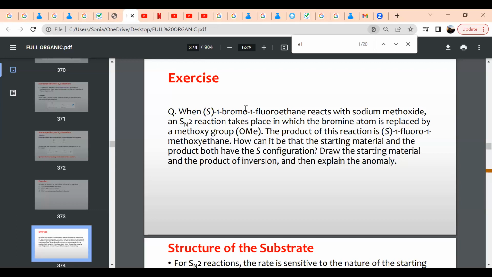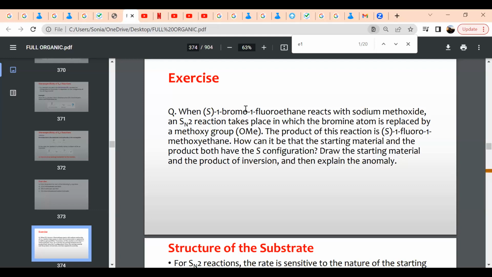So this question is talking about an exception to the rule where an inversion always occurs when you have an SN2 reaction proceeding. I tried to do some extra research, and the only thing I could find is that configuration is maintained when, instead of a backside attack, the nucleophile attacks from the front side, so there will not be inversion of configuration.